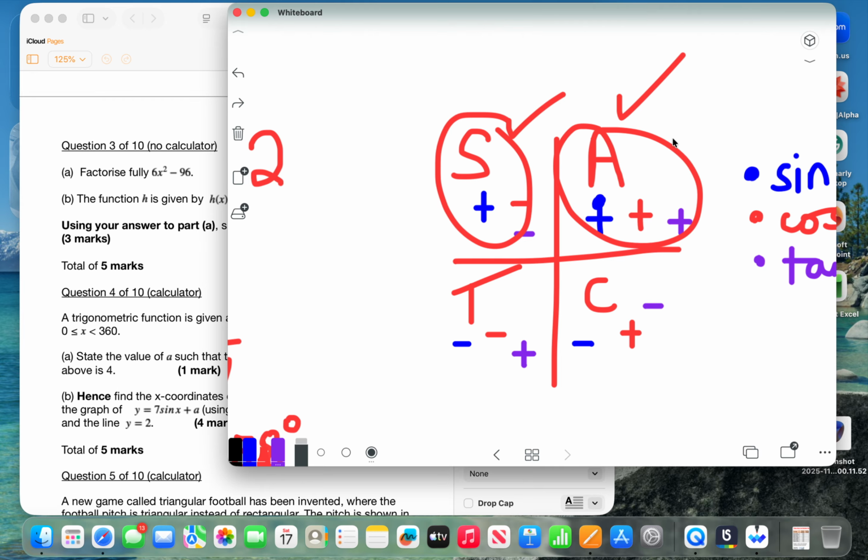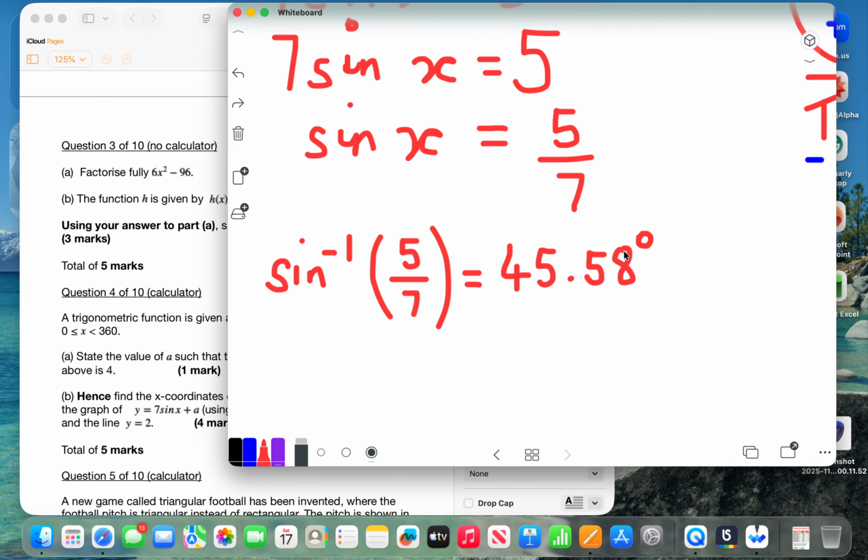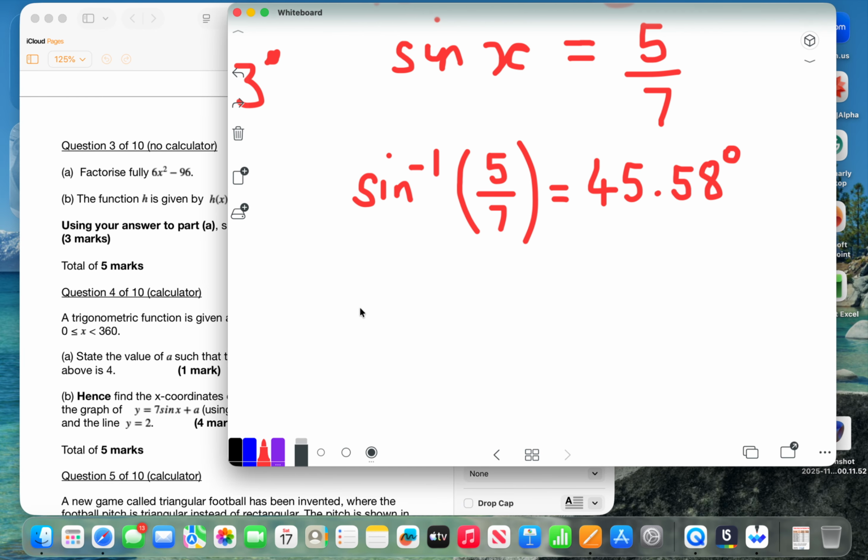Now, if it's positive in the A, then you just keep the same value that you found here. So this is the first solution. So the first solution in that quadrant is 45.58.